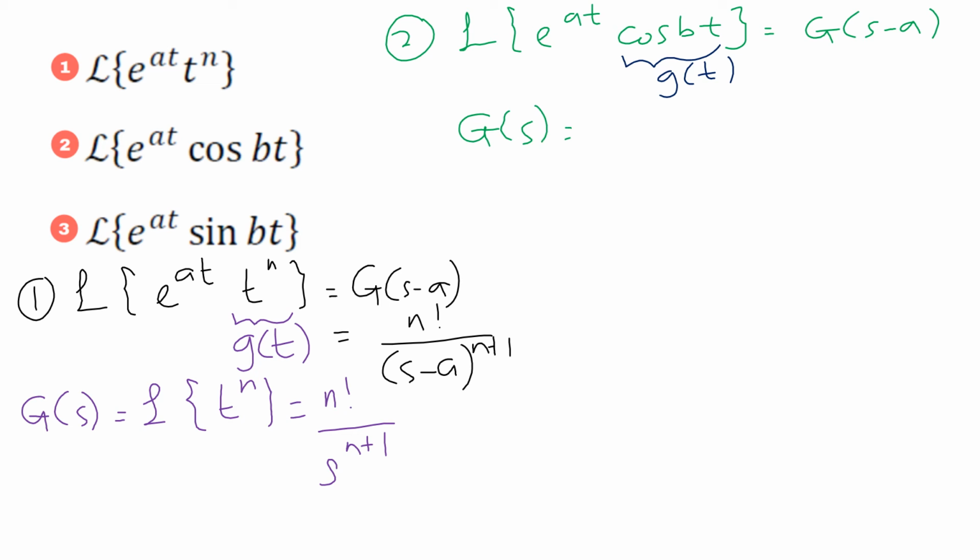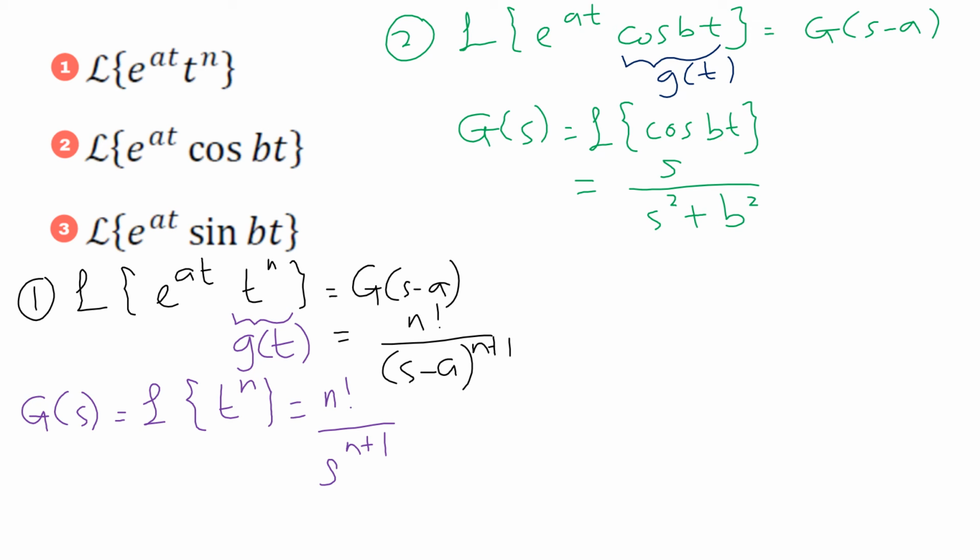G(s) is the Laplace of g(t), which is cos bt, and this is equal to s divided by s squared plus b squared.